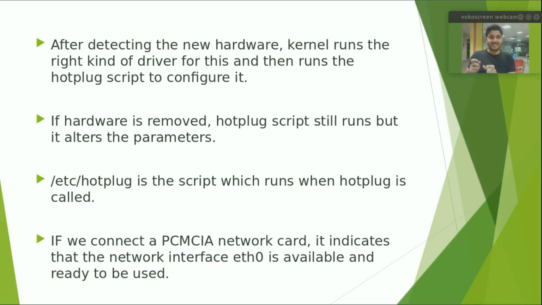You have to have an exception, because if you don't have any exception, the program is going to crash, right? So in this case, when the network hardware is removed, the program doesn't crash, the hotplug doesn't stop. The script has the tendency to identify that the device is not there anymore. So now I do not need to actually execute that configuration part of the script, and what it does is it just alters the parameters.